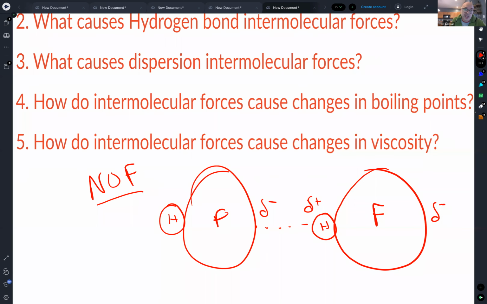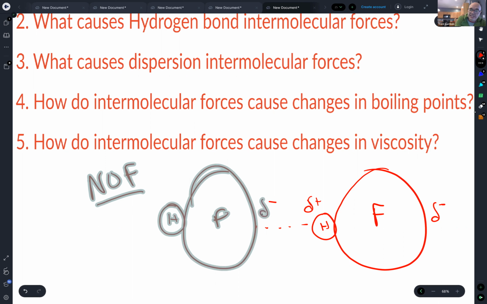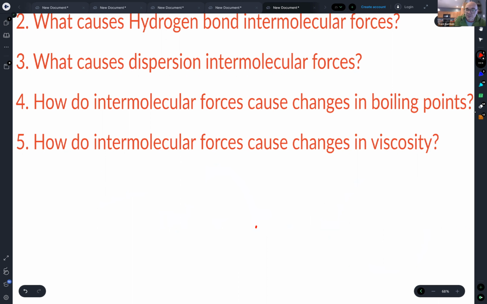Okay, dispersion now is specifically different. So this one does actually look a little bit different whenever we draw it out. Dispersion forces are the movement of the electrons. Now, this can happen even in nonpolar molecules.